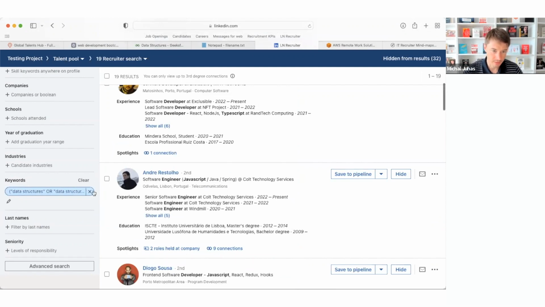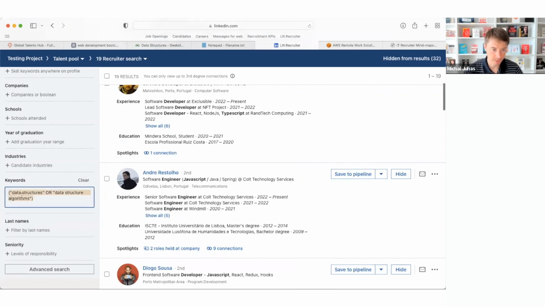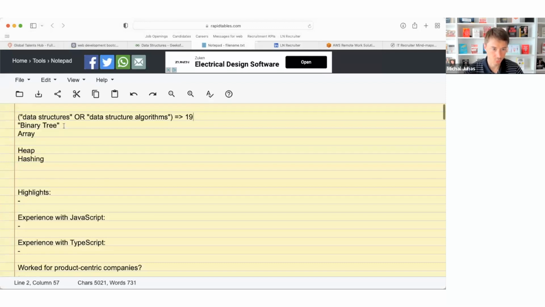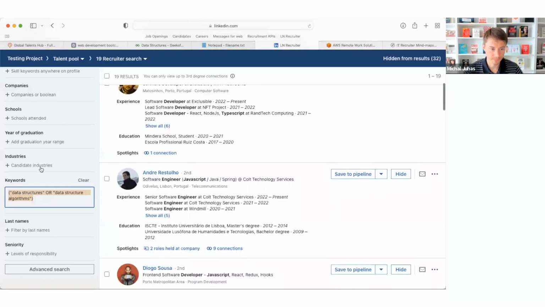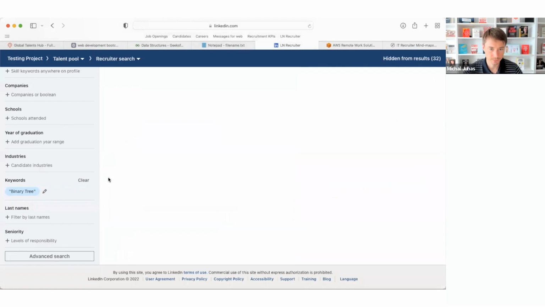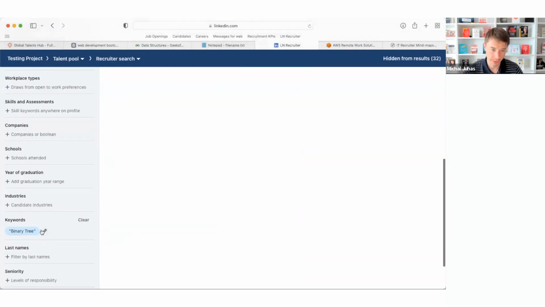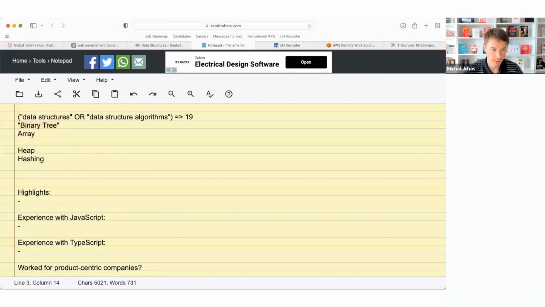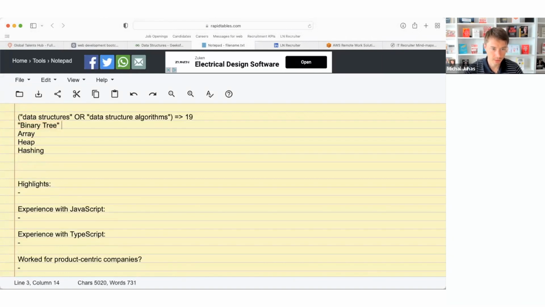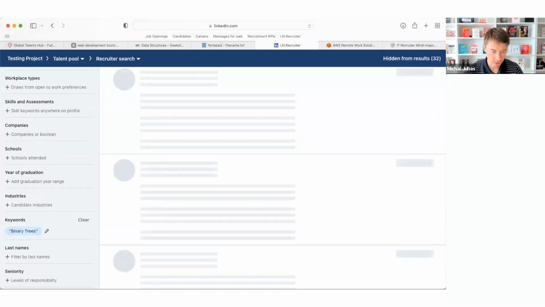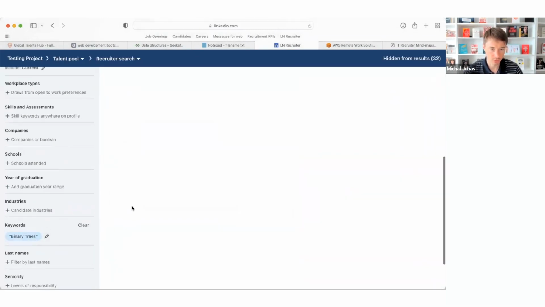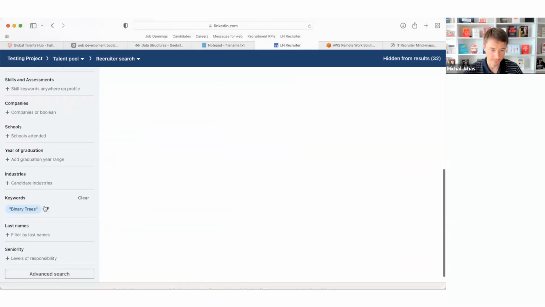And now let's try the other one, binary tree. No one. Okay, so then it's not the best keyword. Let's try array. Or let's try binary trees, if anyone has it. No. Okay.